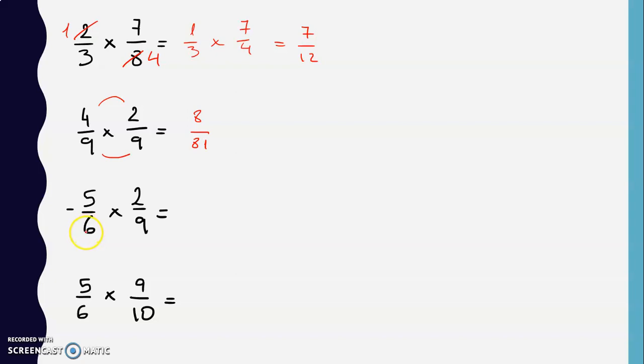Now we have a negative number, again an example where we have a negative number times a positive number, so the answer will be negative. As we can see, 6 and 2 can be simplified by 2, so it's 1 and 3. Now be careful, 3 and 9 cannot be simplified because they are both in the denominator.